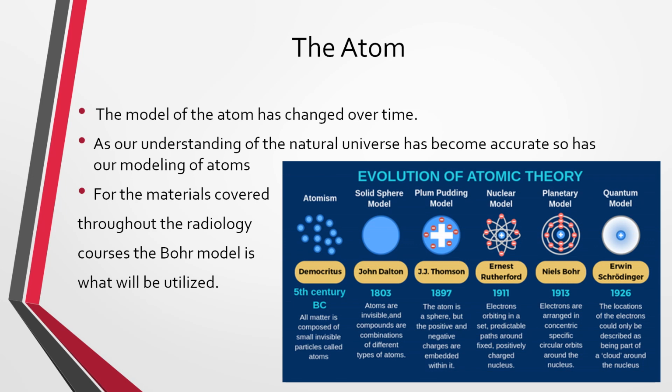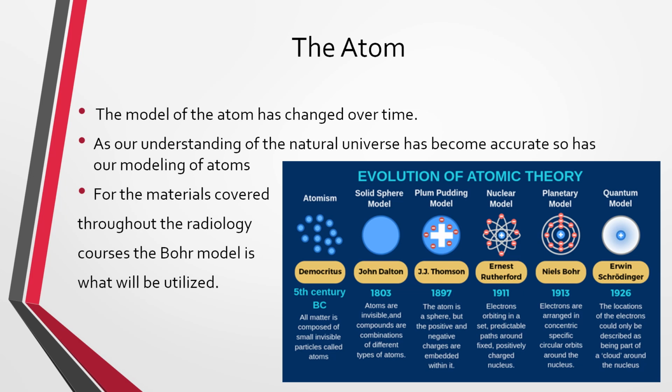We can see here through time how the atom has evolved. In 1913, the Bohr model is the one that we're going to use, where the nucleus is in the center. You can see that it's positively charged because the only things there are protons and neutrons.